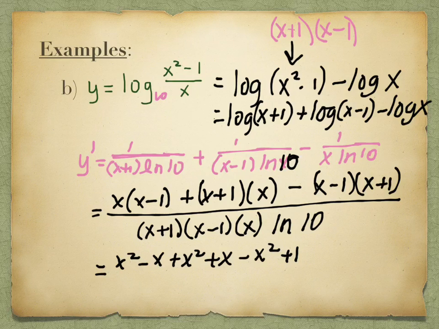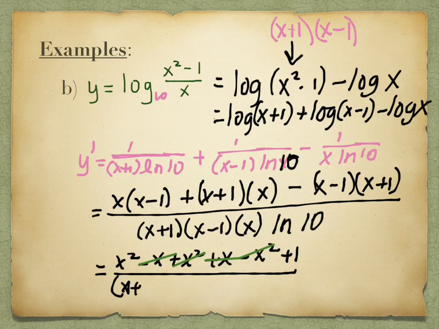I think this x and this x can go away, right? One's plus x and the other one's minus x. And then one of the x squareds can go away with this negative x squared. So I think all that I have on top actually is x squared plus 1. The denominator didn't change.